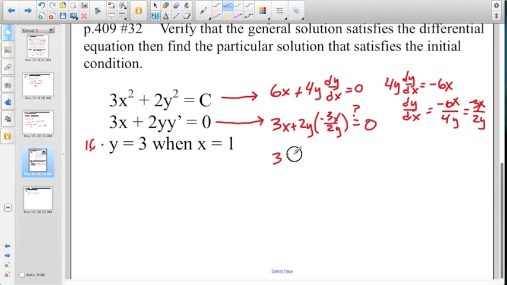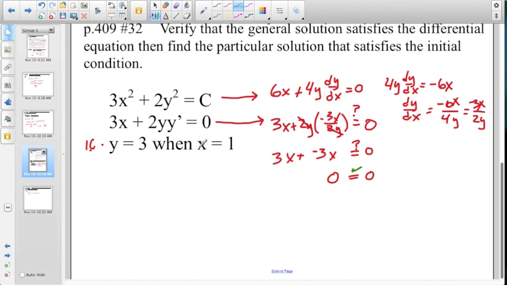So if we simplify this, we get some canceling occurring here, and the question is does that equal 0? And when we evaluate that, in fact, yes, it does equal 0. So we've confirmed that the general solution does satisfy the differential equation.